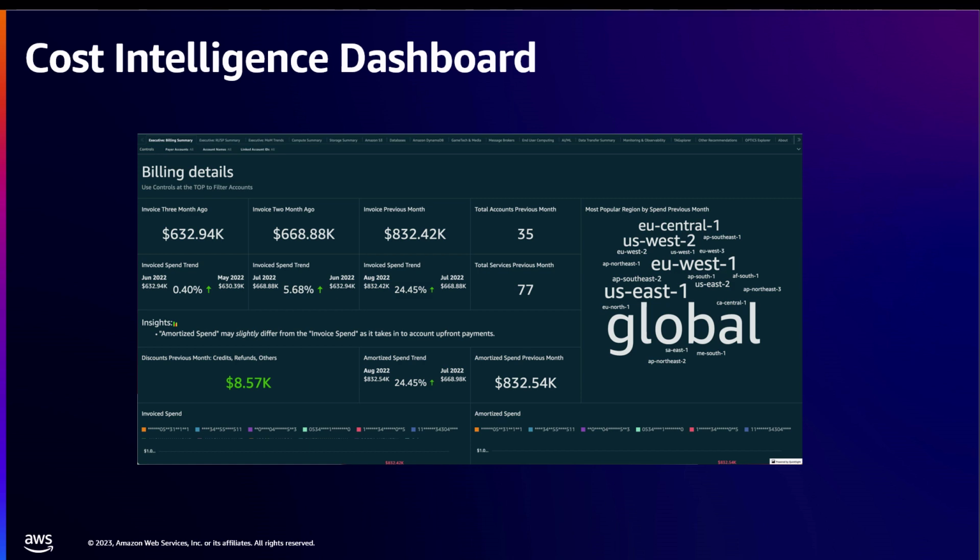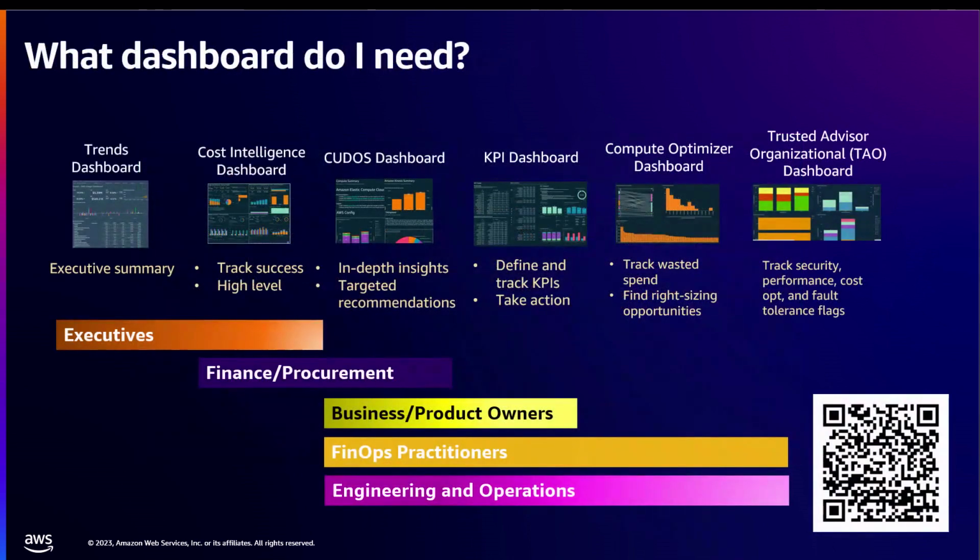And then we also have multiple other cloud intelligence dashboards. I'm not going to go through all of them, but I'm going to point out a few that I think you should be aware of.